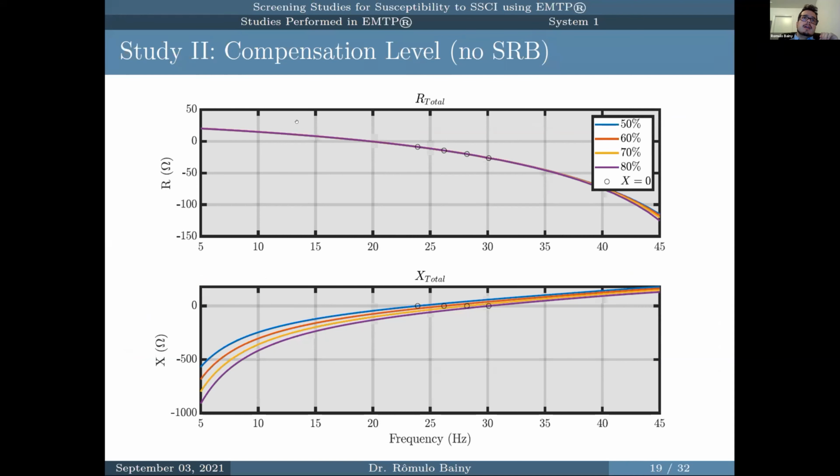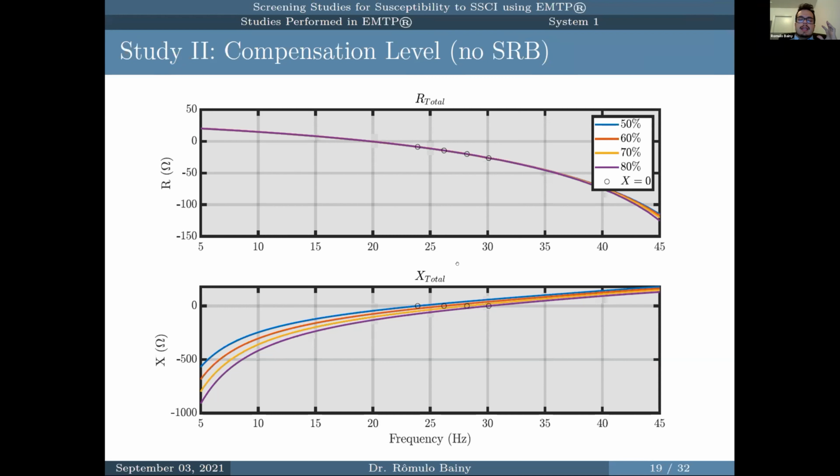And the 4 circles here, the curves are really close together for the resistance, and they are a little bit farther apart for the reactance. We have the 4 circles here, which are our 4 resonance frequencies where we have the crossover of the reactance.